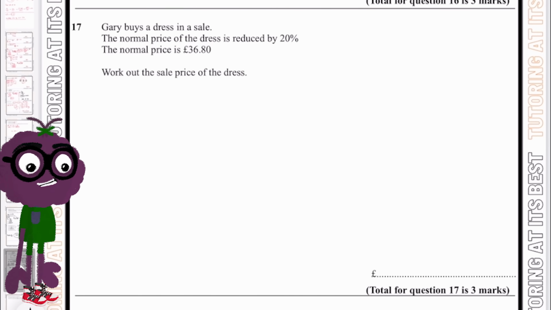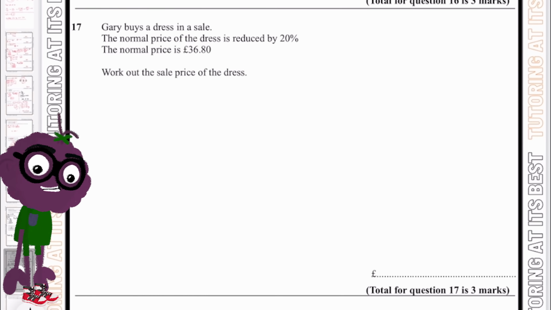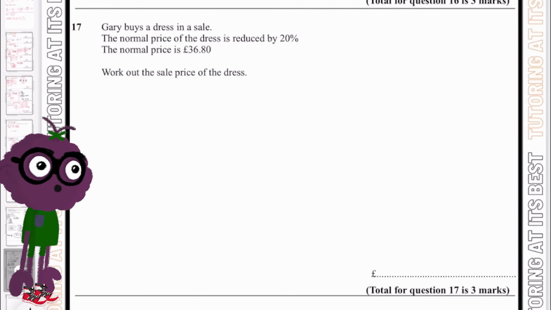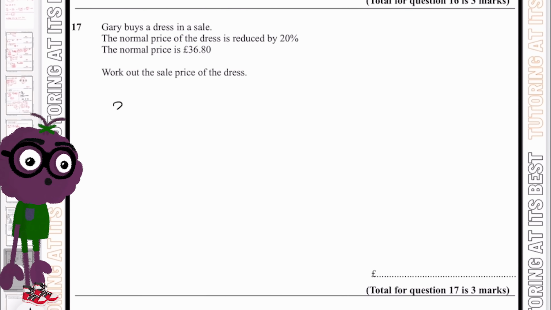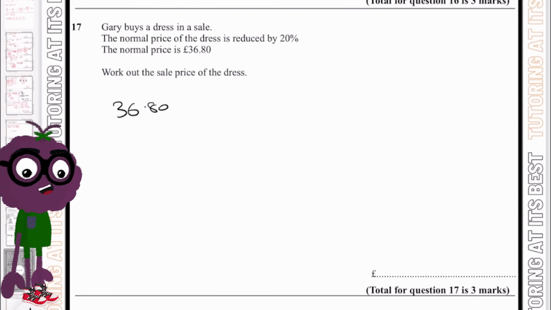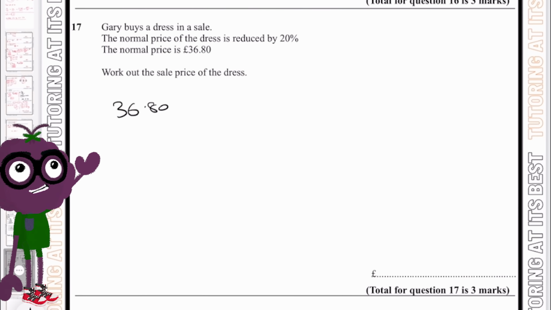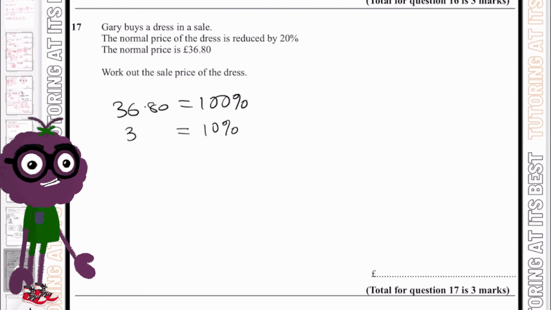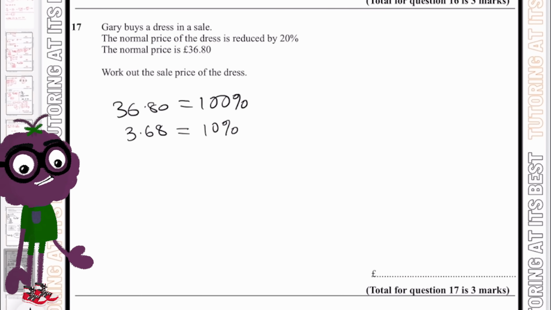Okay, question 17. Gary buys a dress in a sale, and the normal price of the dress is reduced by 20%. The normal price is £36.80. So let's go ahead and work out 20% and subtract that from £36.80. Let's work out 10% first. Again, dividing it by 10, we get £3.68.